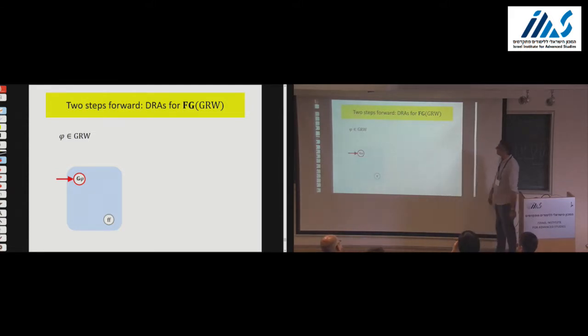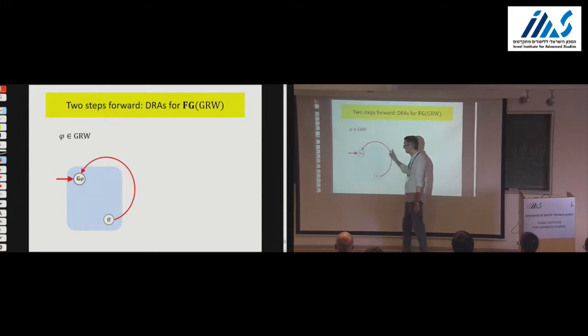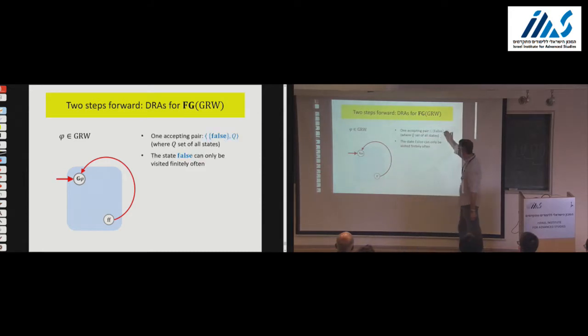Good. So how do we construct a DRA for FG phi, where phi is a GRW formula? Well, G phi is also a GRW formula, and then you just go back there. It's the same construction that we had before. You add a loop going from the false state to here, and what you declare is that the accepting pair is now this one.